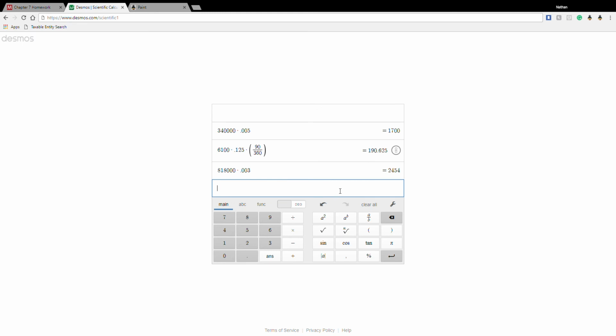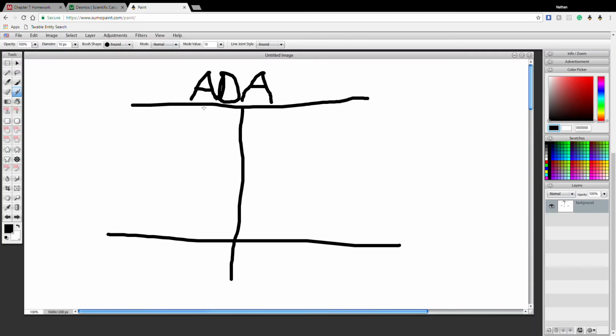So times it by 0.02 since it was 2%. And we find out that it's going to be 2260. Okay? So, allowance for doubtful accounts increases on the credit side and decreases on the debit.